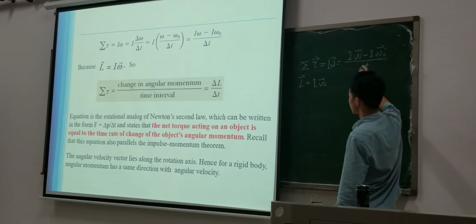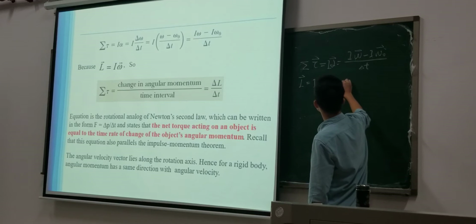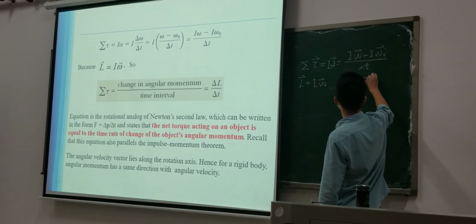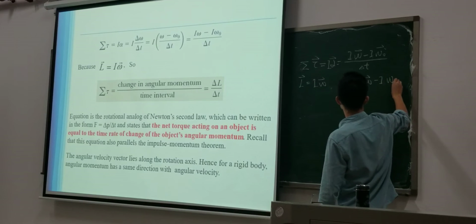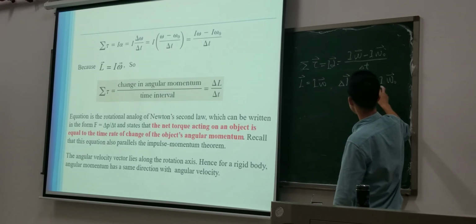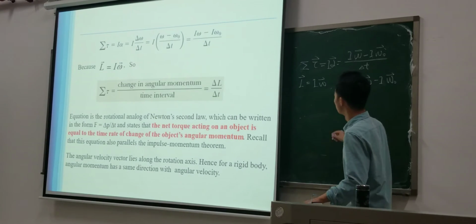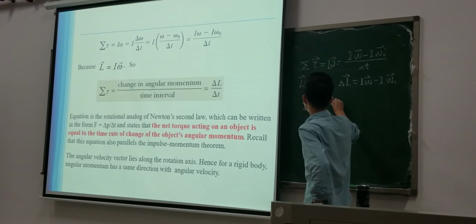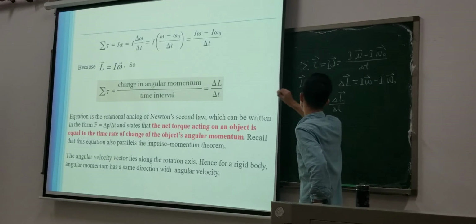This is the change of the angular momentum: delta L is equal to I omega minus I omega 0. So the net torque is equal to delta L over delta t. This is a vector.